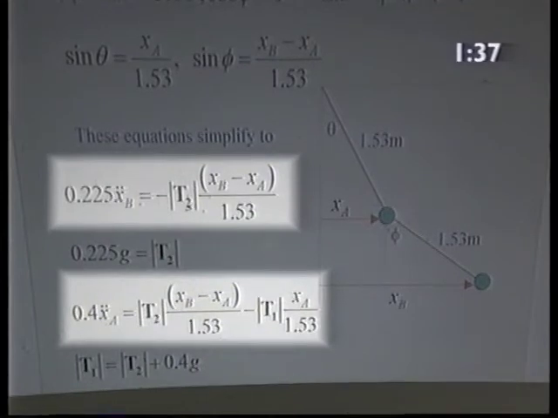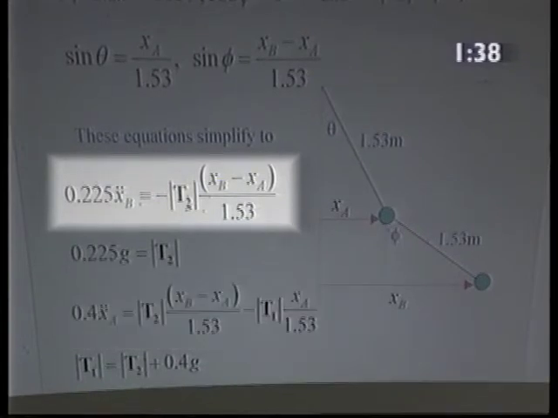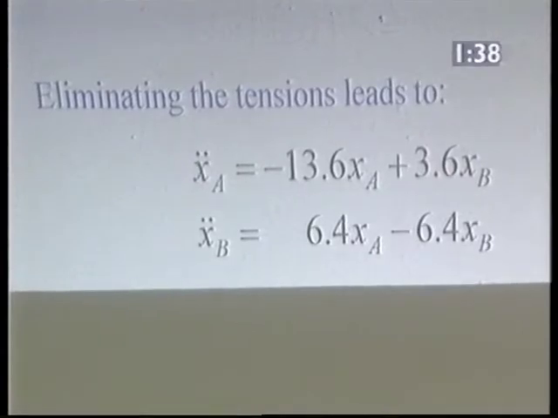Then I can eliminate the tensions from the problem. If I do that and evaluate the numbers, then equation 1 with T2 in gives me XB double dot equals so many XB and so many XA. And when you put those numbers in, you get that second equation.